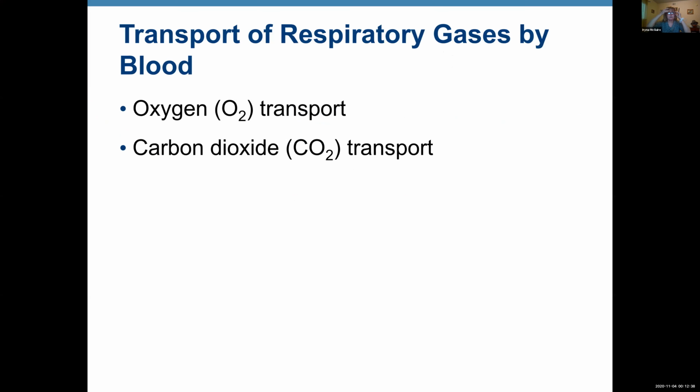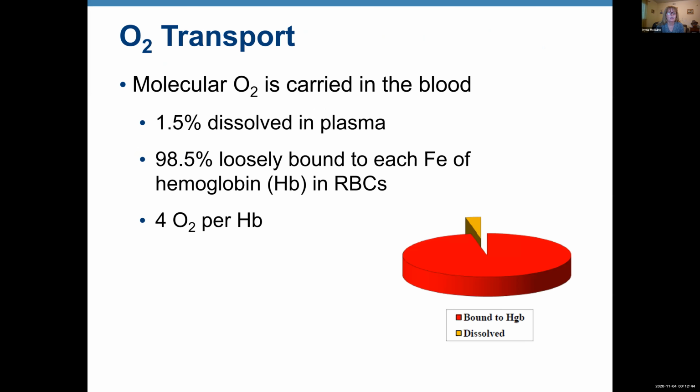So transport of respiratory gases by blood. We have oxygen transport and carbon dioxide transport. Oxygen transport: molecular oxygen is carried in the blood. 1.5% is dissolved in plasma, and 98.5% is loosely bound to the iron of the hemoglobin in red blood cells, right?